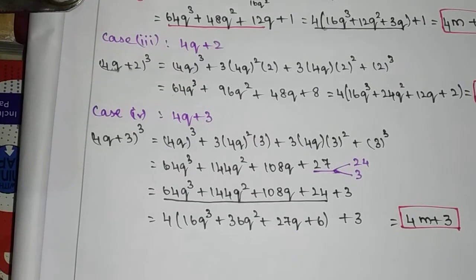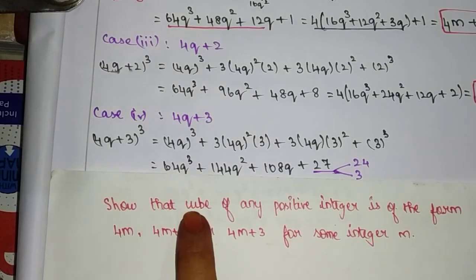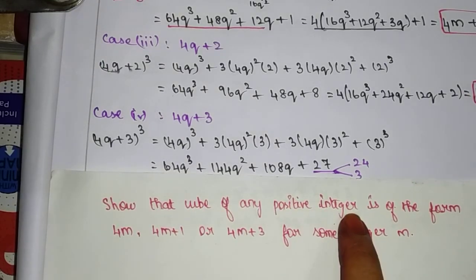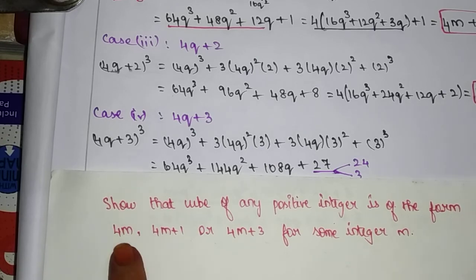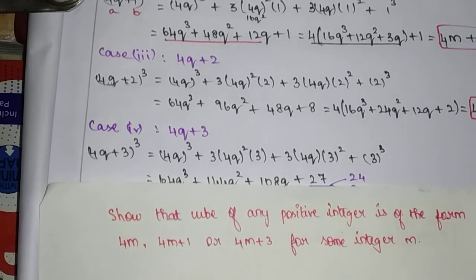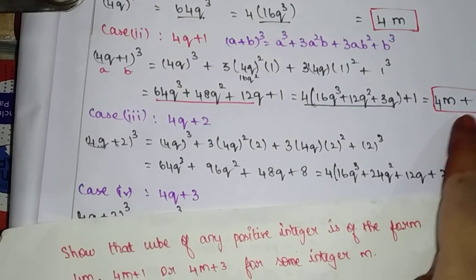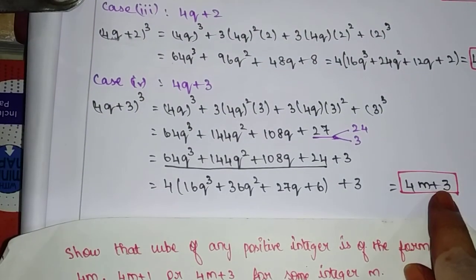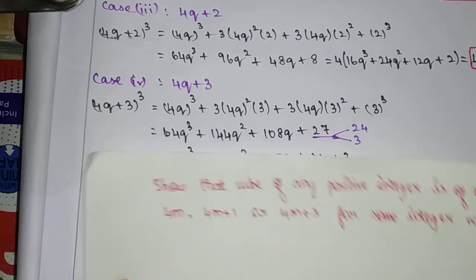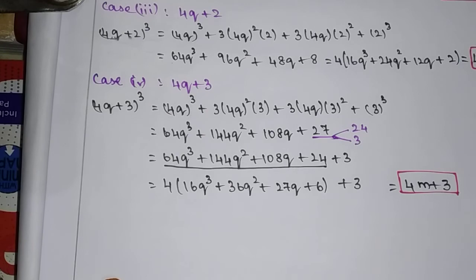So now we can compare with the question that show that cube of any positive integer is of the form 4m, 4m plus 1 or 4m plus 3 for some integer m. So see here, we got 4m, 4m plus 1 and 4m plus 3. So now we got all these forms. So now we can conclude this question.